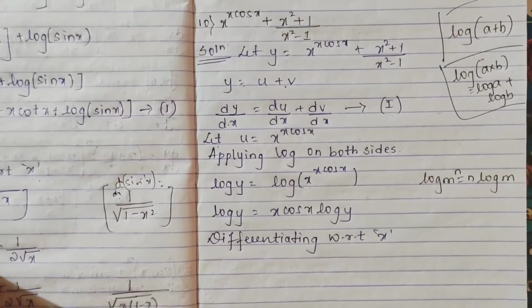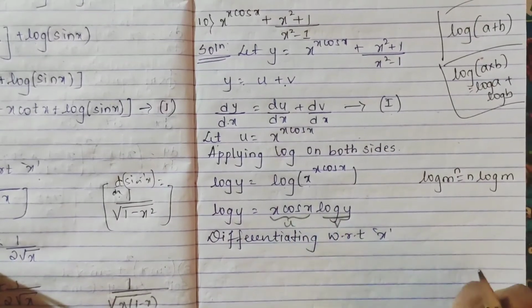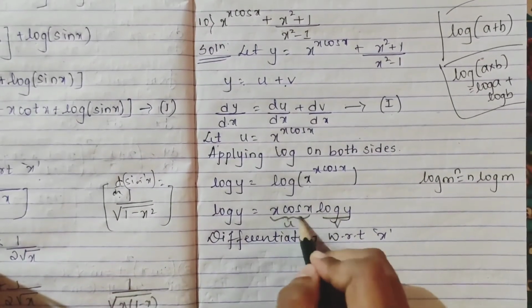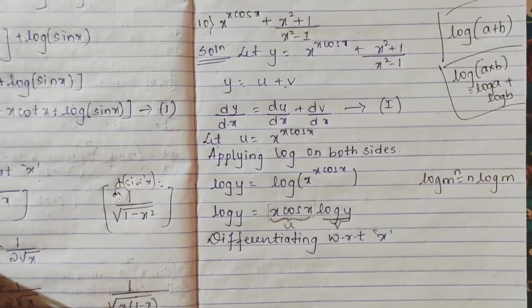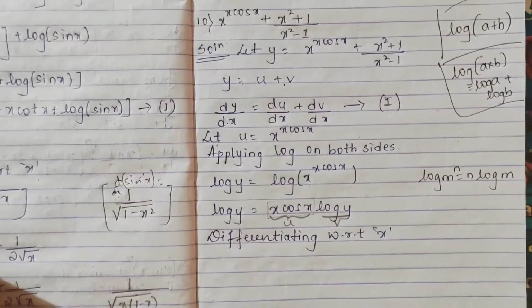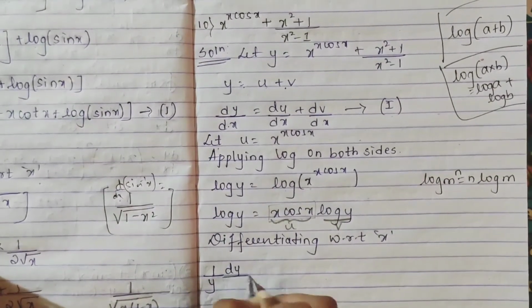So here you can see this you can take as u and this part as v. Again in this u also you have again interior. So be careful while differentiating. So let's differentiate together. So log u differentiation is 1 by u du by dx.